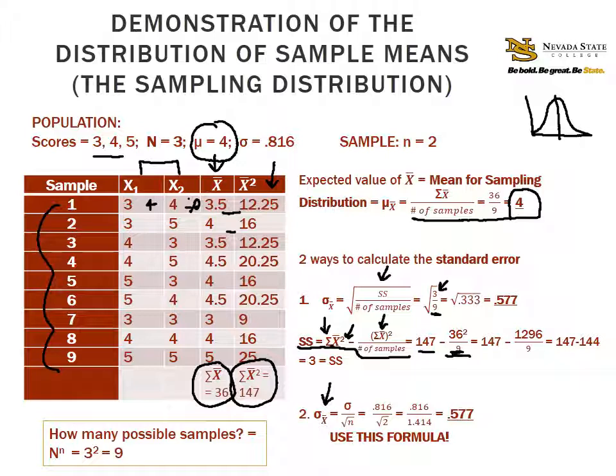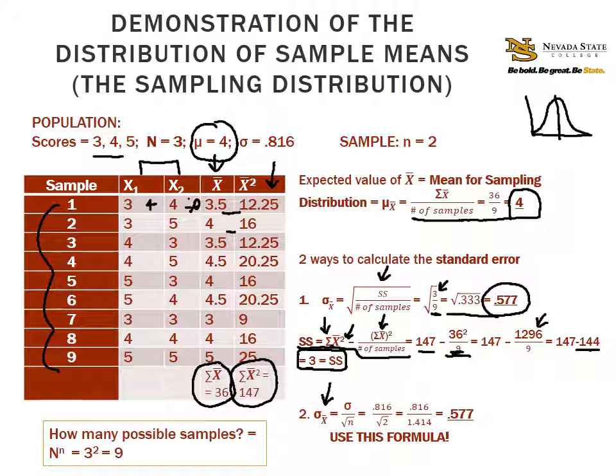So this becomes 147 minus 36 squared is 1,296 divided by 9 equals 147 minus 144 once you solve for that fraction, and you get a sum of squares of 3. Then you plug that 3 into your standard error formula, do some division, take the square root, and you get a standard error of 0.577.